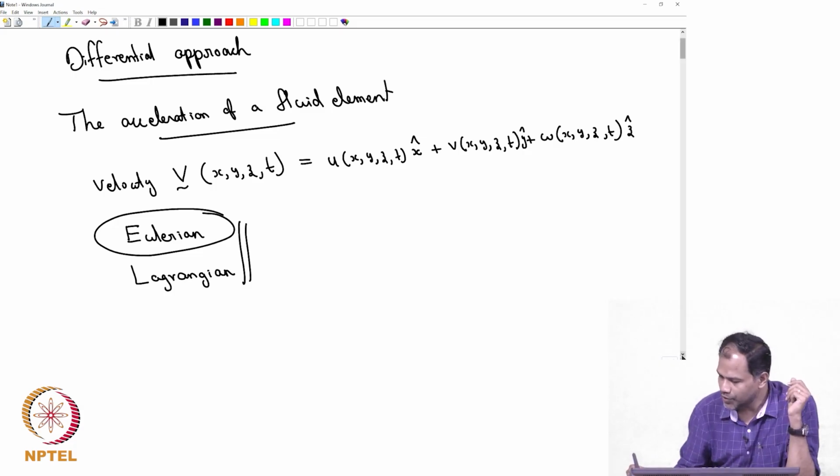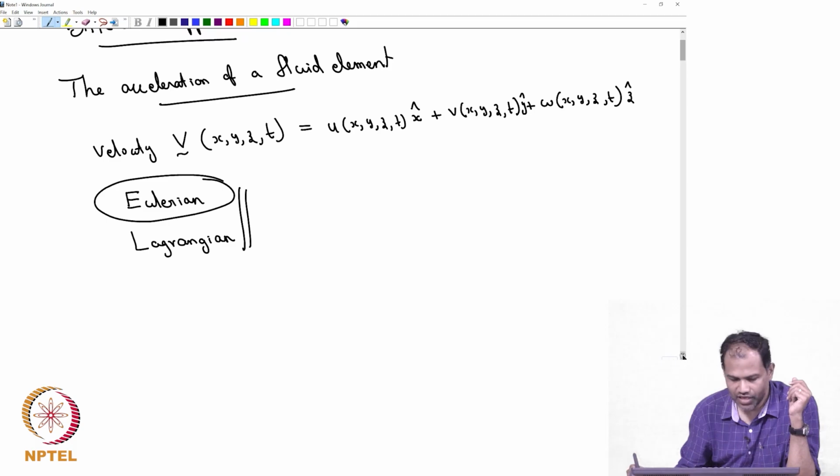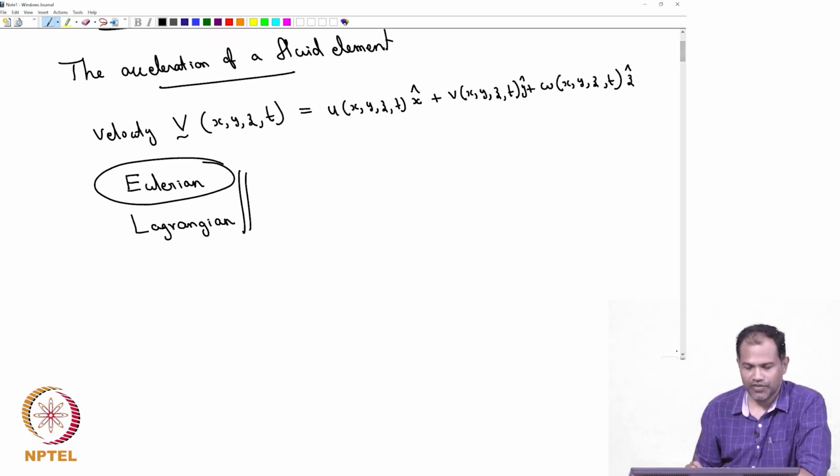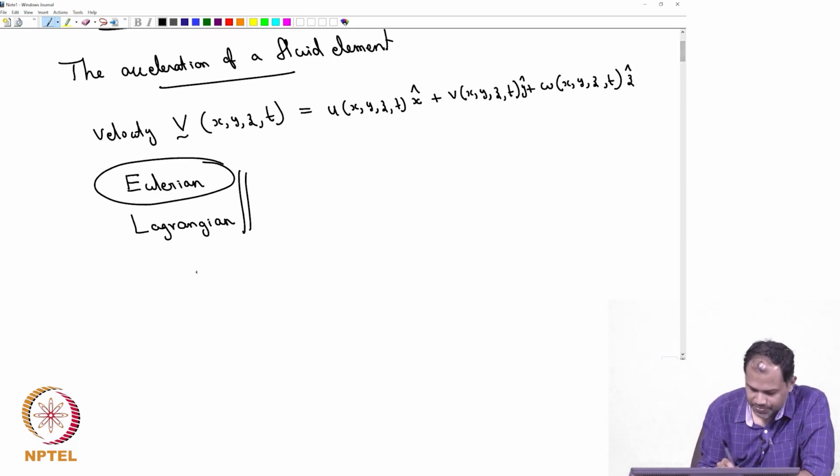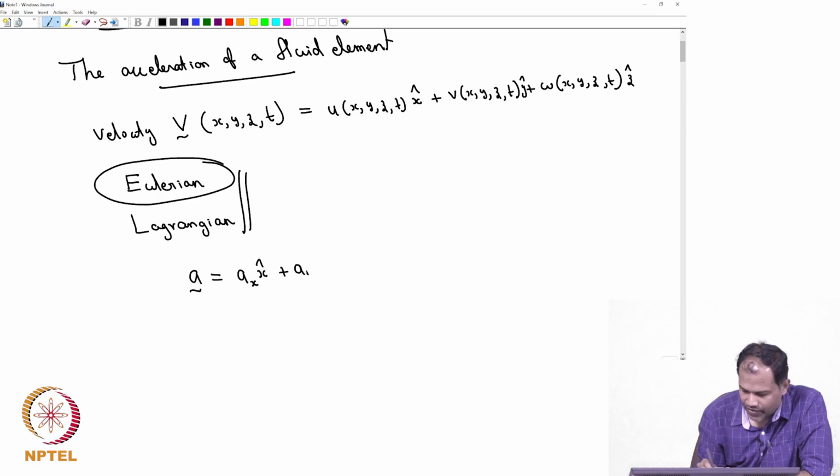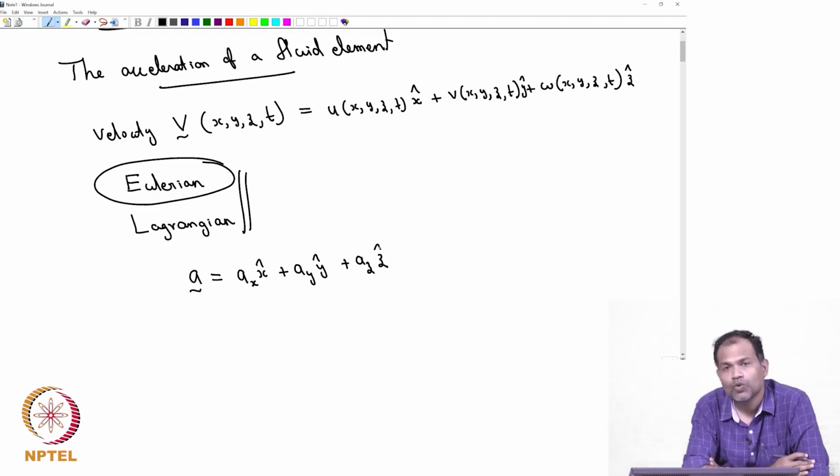And now, I want to define acceleration associated with this velocity field. Acceleration is going to be a vector which I can write as ax x cap plus ay y cap plus az z cap, where I want to calculate what ax, ay, az are.